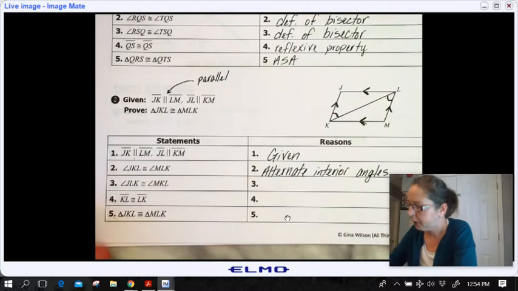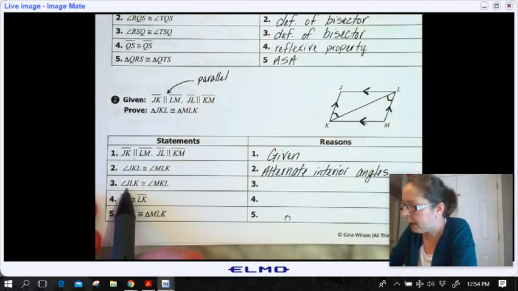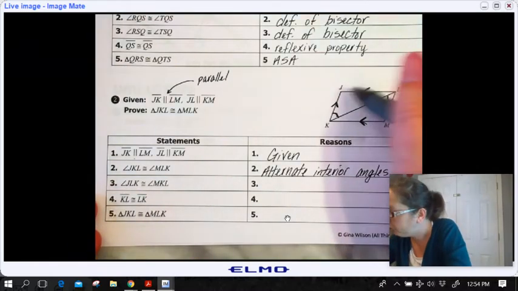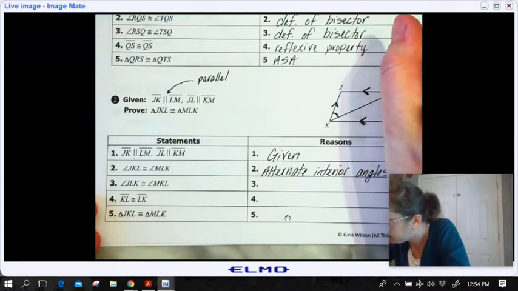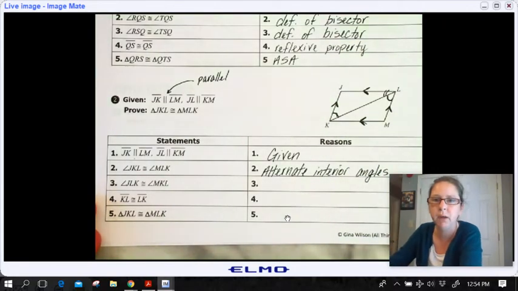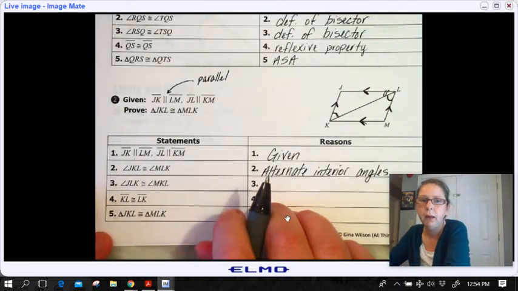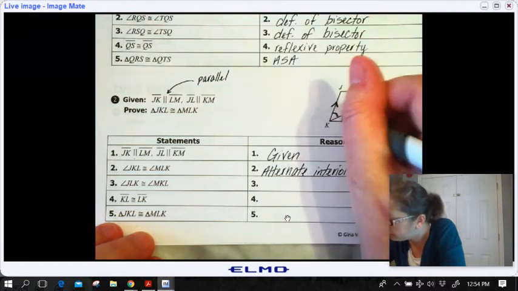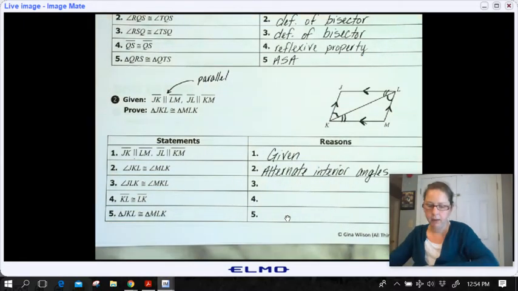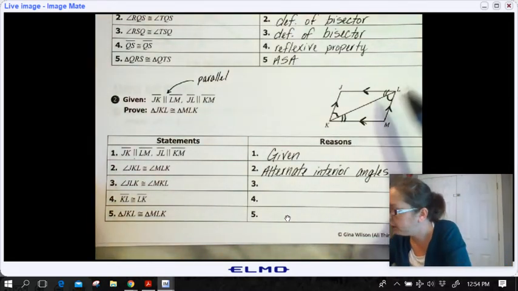All right, next they tell me that angle JLK, this is going to be a second angle congruency statement, so I'm going to use two tallies, is congruent to angle MKL down here. How can I say that those are congruent?